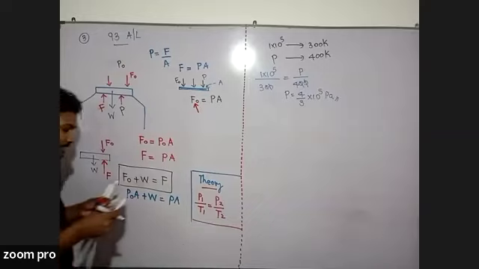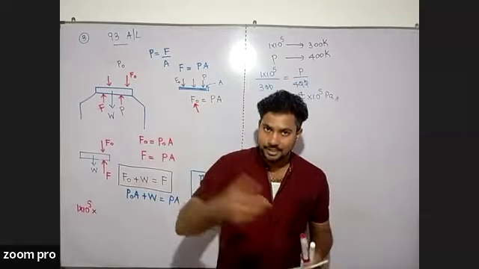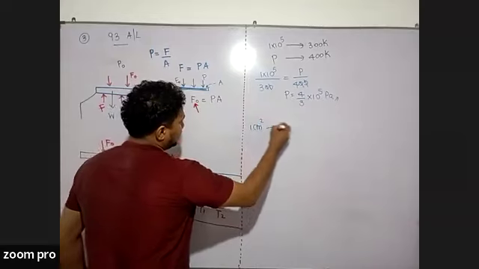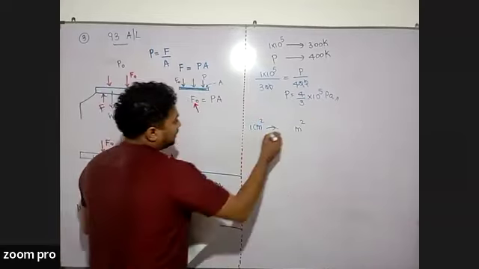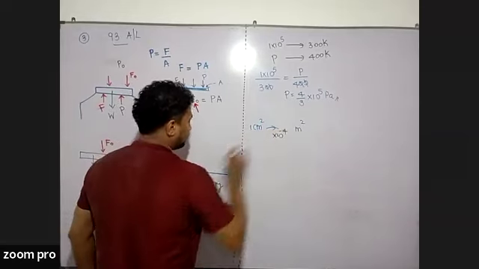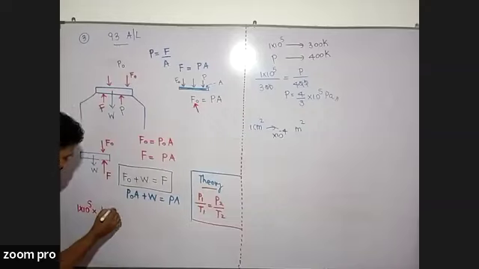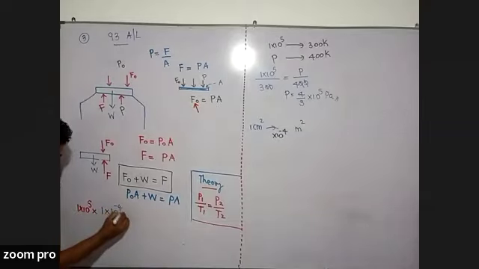A means the area of the vessel, which is given in square centimeters. So how do we convert square centimeters into square meters? By multiplying by 10 to the power minus 4, right? The area is 1 square centimeter, so in order to convert this value into square meters, we have to multiply it by 10 to the power minus 4, right?